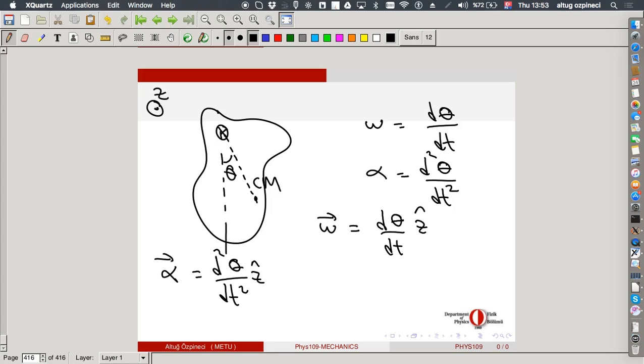Well, the angular acceleration is equal to the torque over I, the moment of inertia around this point. What is the torque acting on this system, relative to the rotation axis?